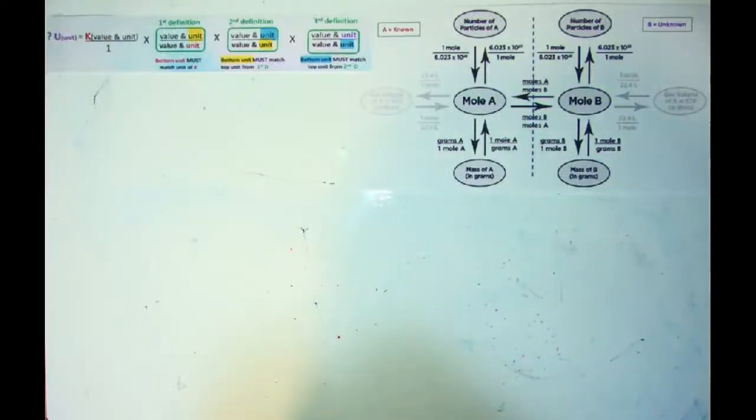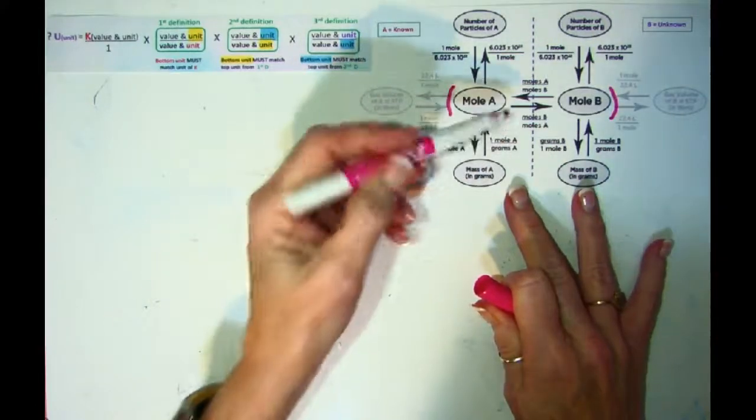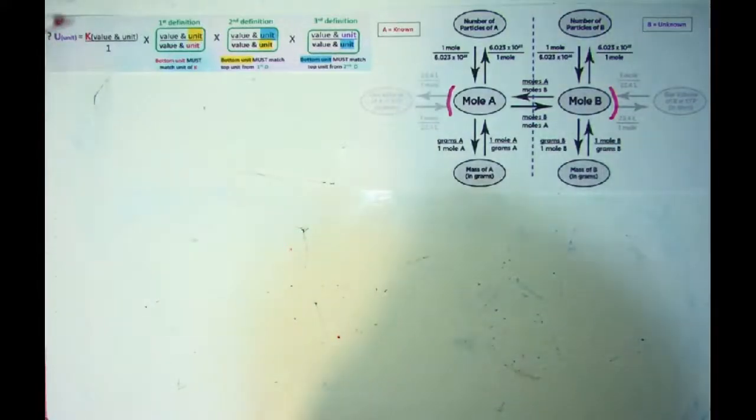So I want to work 3 different problems here that are moles to moles problems, which is your basic type. What we are going to focus on in this problem are just going from here to here. The only thing we're going to be using is molar ratios, which basically means we're going to only have one definition.